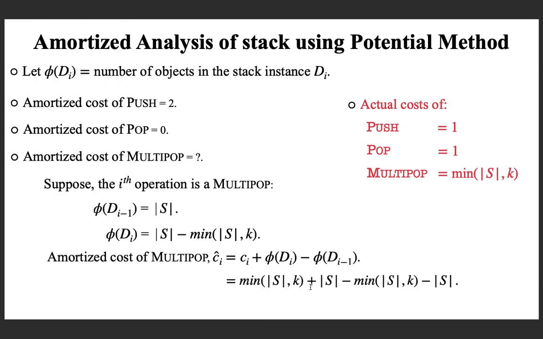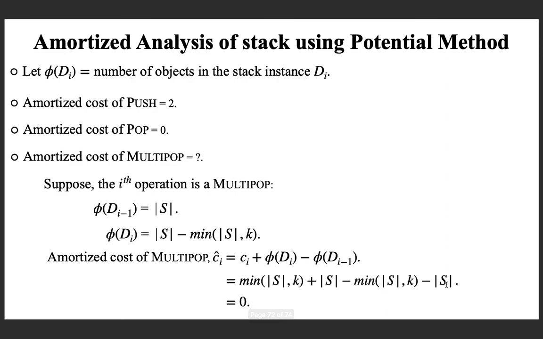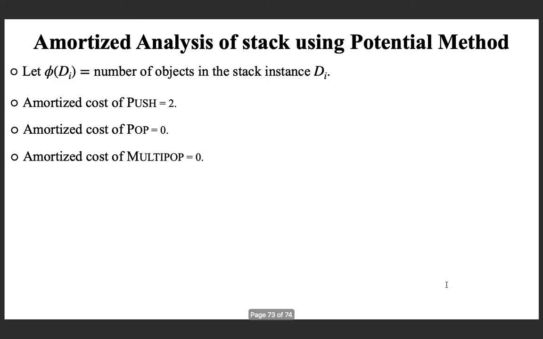If you look at this, these two are getting cancelled, similarly these two are getting cancelled, and hence you are obtaining the amortized cost of multi-pop also as 0.